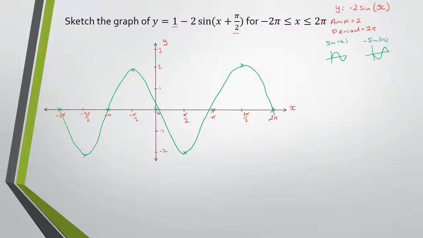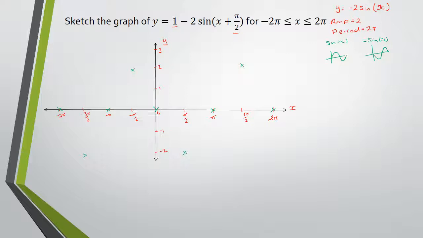Bear in mind I'm then going to need to translate it 1 unit vertically and pi on 2 units horizontally. Now that we've got some idea of what it looks like, let's get rid of it. We don't need it there for now, and we can look at sketching my actual function.